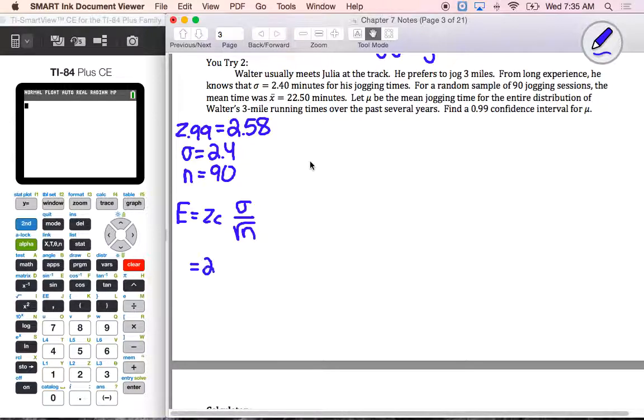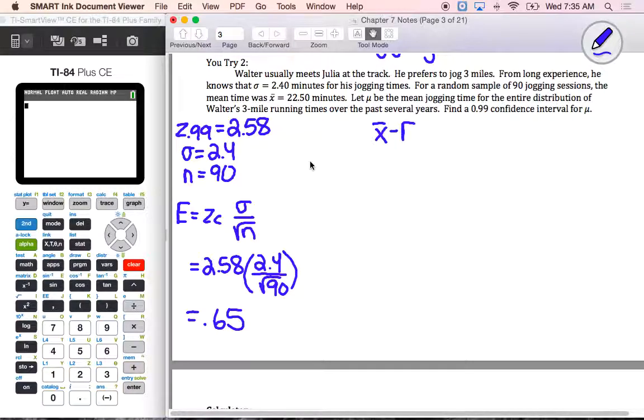So we've got 2.58, 2.4, square root 90. So again, that should have been how you started, and you then get an E of about 0.65. Now make sure you are actually typing these into your calculator and we are getting similar numbers, because I want to make sure you can type these in, because you have to be able to do that on your tests and quizzes on your own.